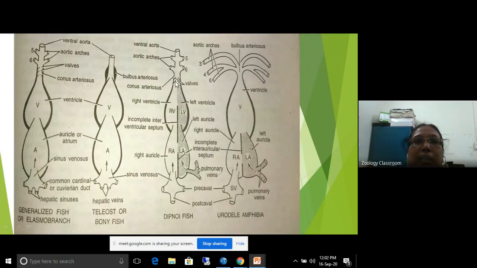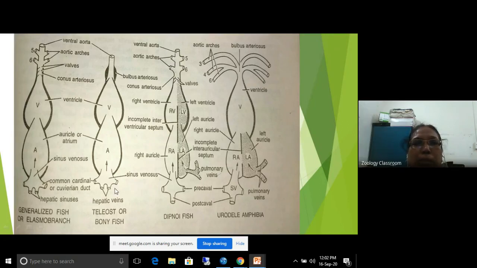Then on the upper side there is a conus arteriosus. It consists of two pairs of semilunar valves, and at the anterior end there is a ventral aorta. This ventral aorta is divided into the aortic arches. So these are the aortic arches.